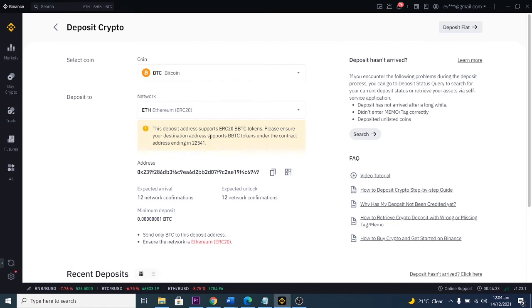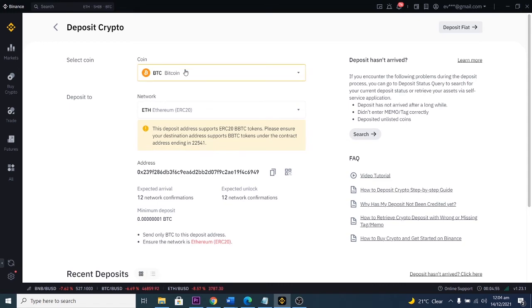Whenever you want to receive crypto, you need an address to transfer the crypto to. So whenever the person transfers into this address, it will reflect in your wallet that you have received some amount of crypto.